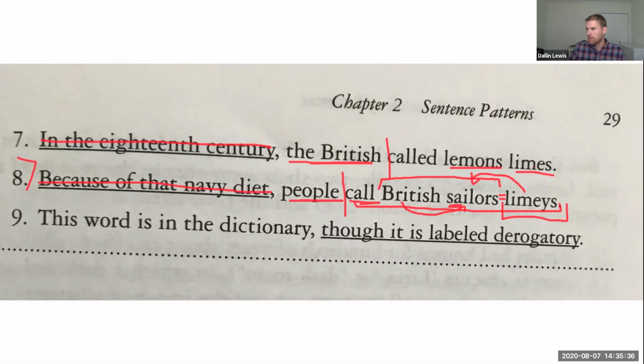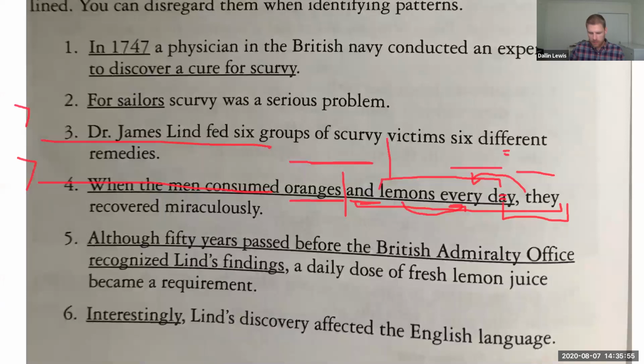Wait a minute, I jumped ahead of myself. No, this is object complement again. It's number 7. I think I looked at that too quickly and assumed something different. Yep, my bad. Sorry, ignore everything I said. That's not indirect object, that's object complement. Let me find an indirect object sentence.